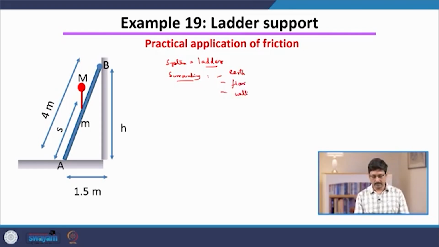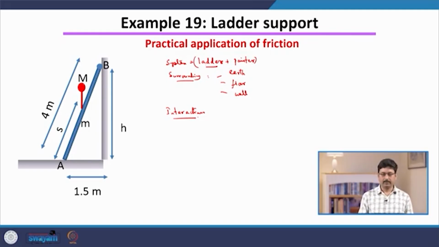So, what are the interactions? Ladder plus painter, because we need to keep the painter in mind. This is our system, the combined system of small m and capital M.